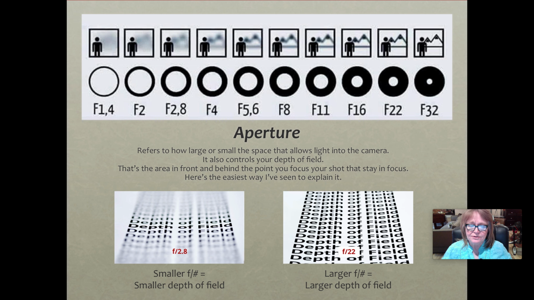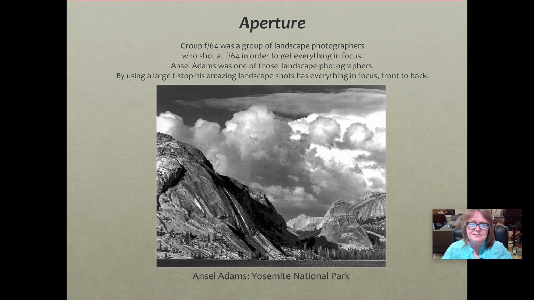So those are great shots. If you shoot at f2.8, you're going to have a shallow depth of field, so only part of it's going to be in focus. But if you shoot at f22, pretty much everything's going to be in focus. And one of the ways I remember this is Ansel Adams. He was in a group called the f/64s, and they were landscape photographers who shot at f64, which you have to have a kind of mega camera to shoot at.